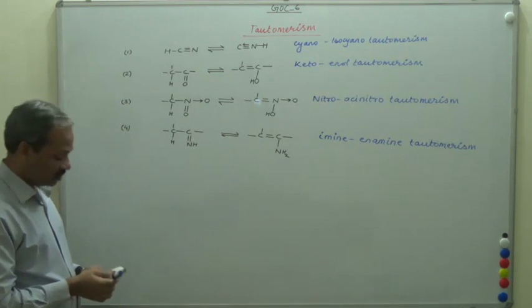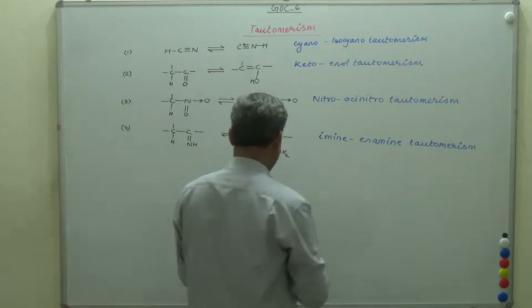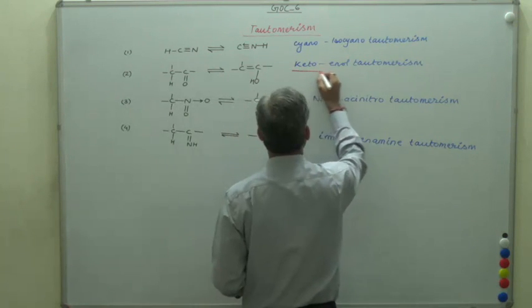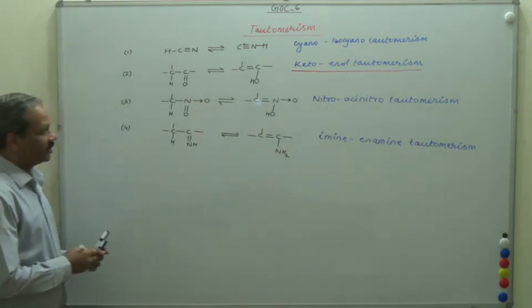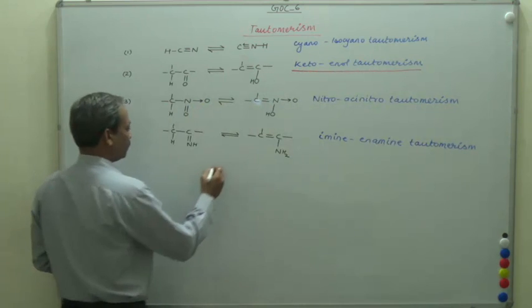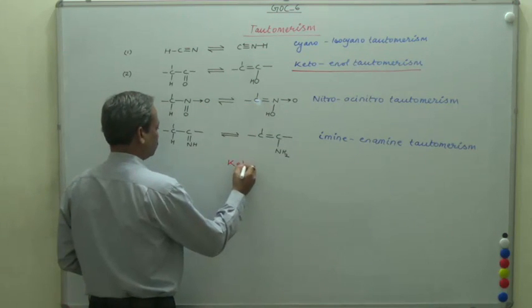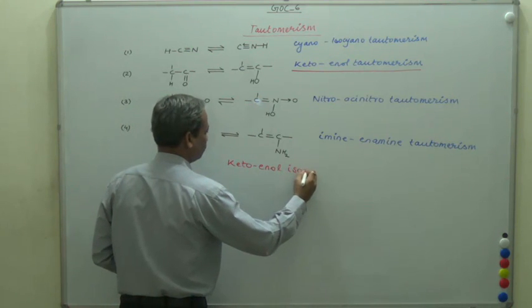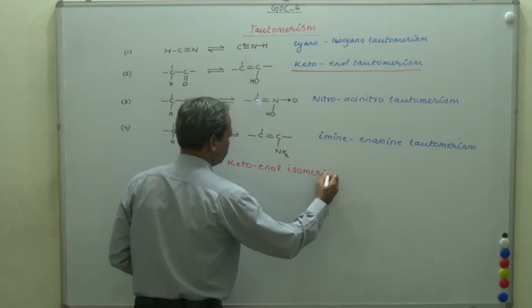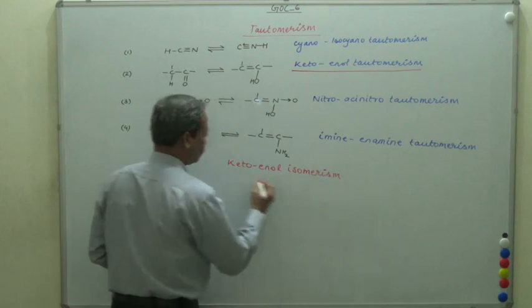Now, keto-enol isomerism is most important type of tautomerism. So further we will do keto-enol isomerism.